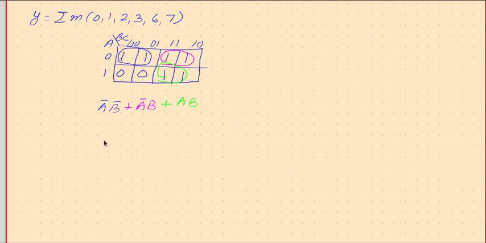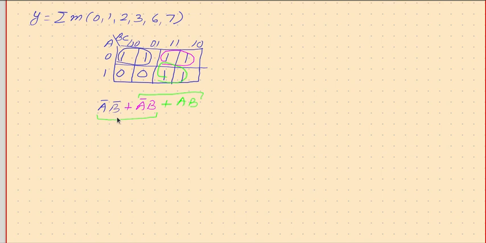Yeah, I can see that here a bar is common, b is changing, and in these two a bar is common, b is changing, and in these two a is changing, b is common.